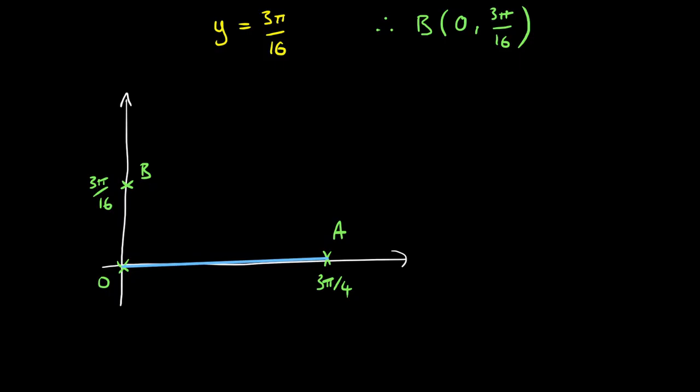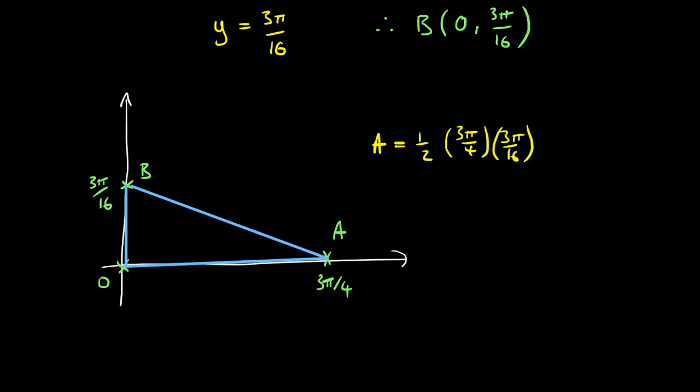The fastest way to find the area of the triangle is to use the formula: a half base times height. So we've got a half, the base, which is 3π/4, times the height, which is 3π/16.